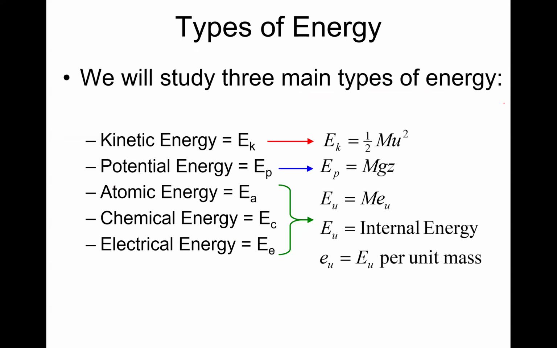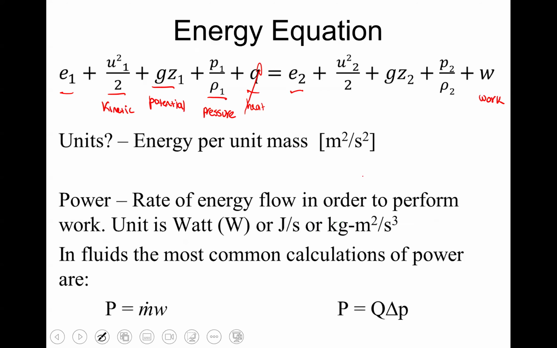The difference between this equation and the previous one is the lack of mass in it. So the units of this equation are energy per unit mass, or meter squared per second squared. We will use this equation extensively over the next two classes. Another important part to include here is calculations of power. Right now this is energy per unit mass, in other words joules per kilogram.